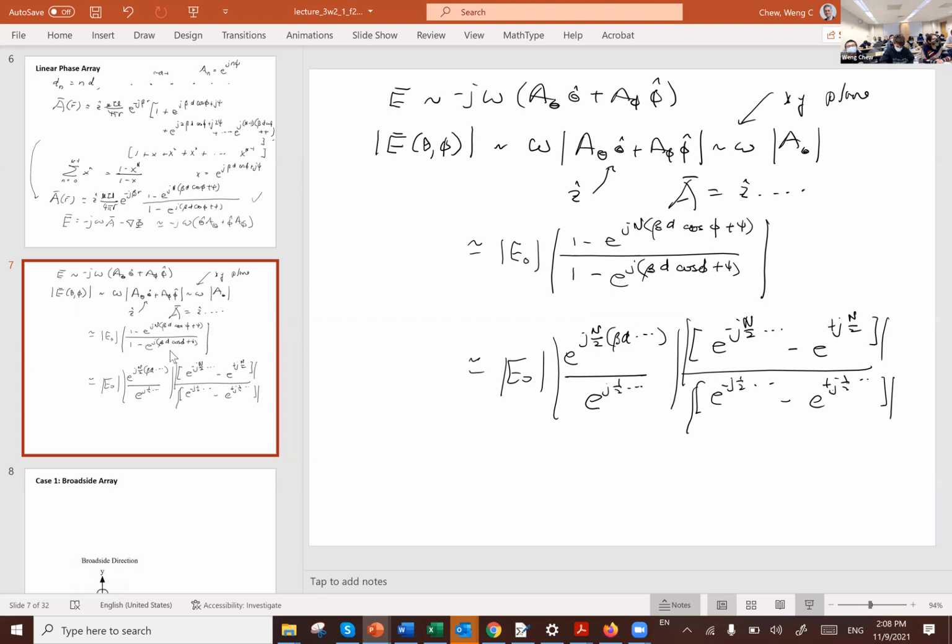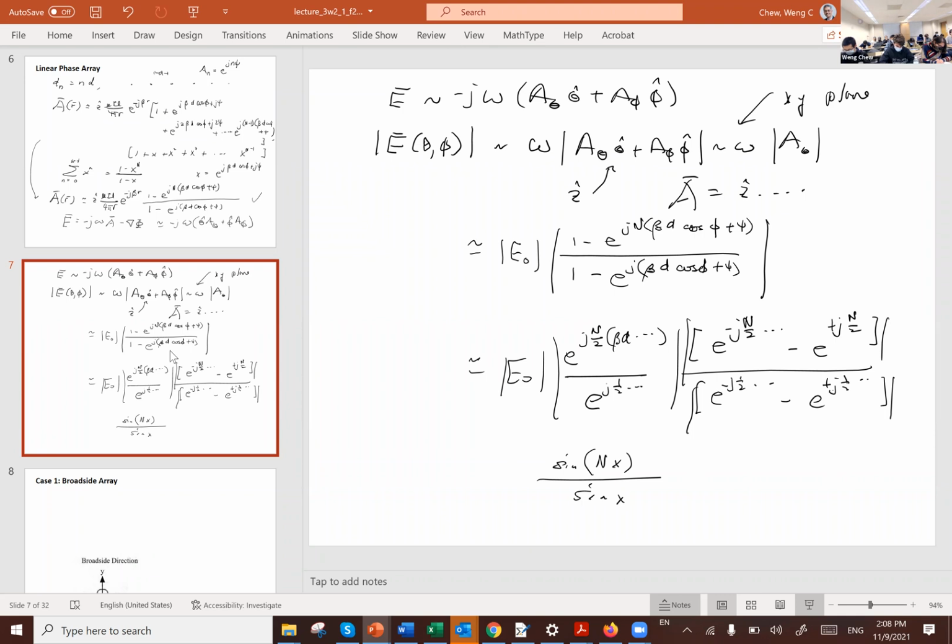If you do this carefully, you get something that looks like this. Let me simplify things and say that this whole thing is going to be proportional to sine of n x over sine of x, and you can figure out what the x is. It's just something that you have to plug in.